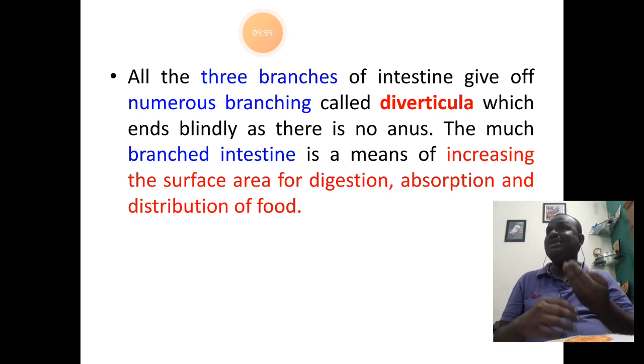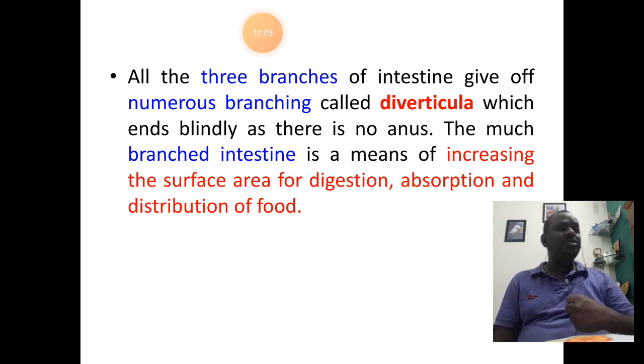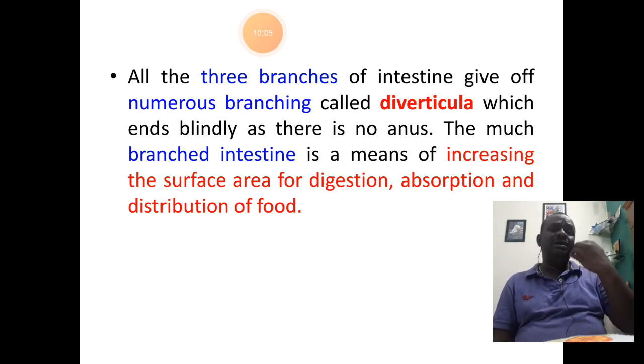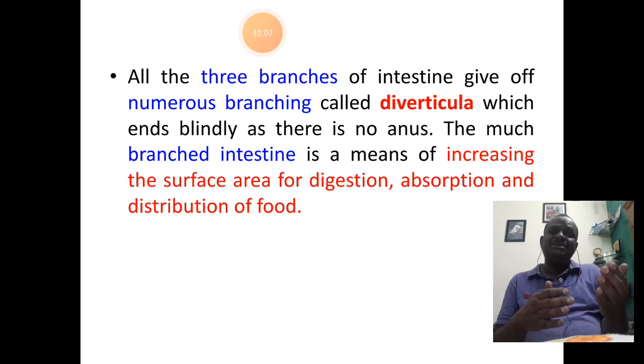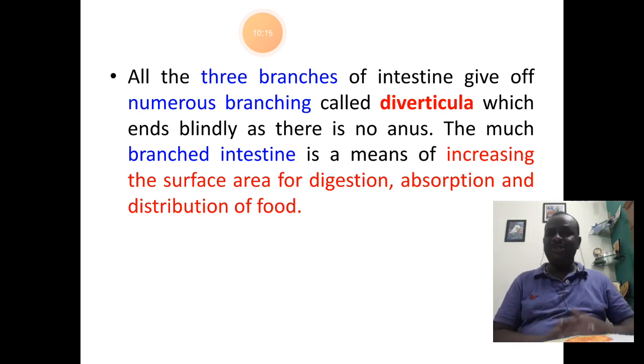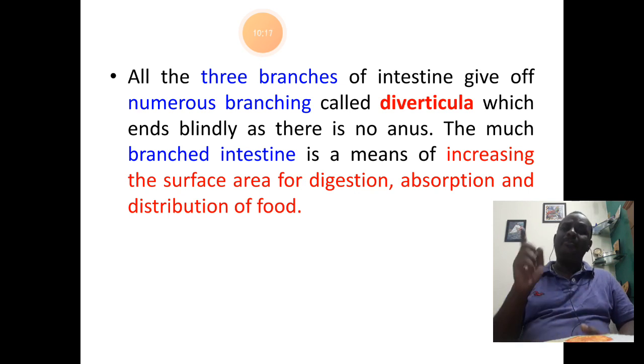So that much of the absorption and distribution of food takes place within. Digestion of food takes place very much within the diverticula of the intestine. So that's the importance of the diverticula. Overall, the branched intestine of the animal helps increase the surface area for digestion.